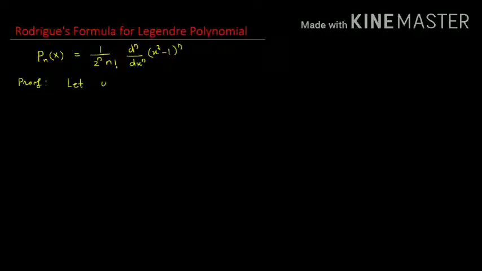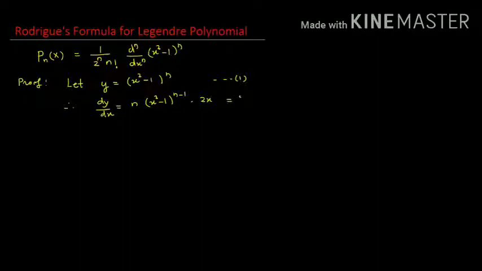Let y is equal to x square minus 1 to the power n. Equation 1. Therefore, dy by dx is equal to n x square minus 1 to the power n minus 1 into 2x. That is equal to 2nx x square minus 1 to the power n minus 1.